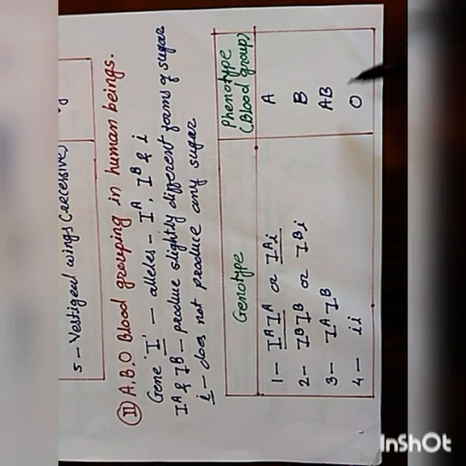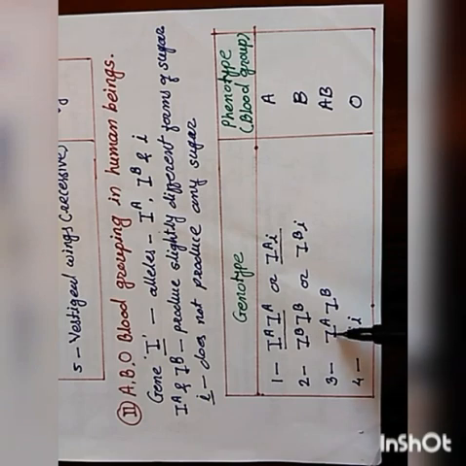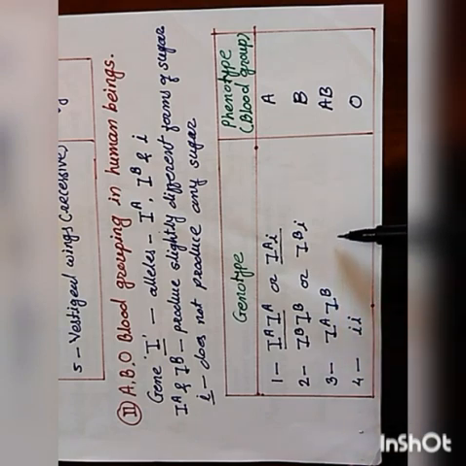Then when a person has blood group AB, then its genotype is IAIB. Here both the alleles are present, and these both alleles express their characters, means produce their own sugar polymers. That's why this AB blood group shows the codominance.